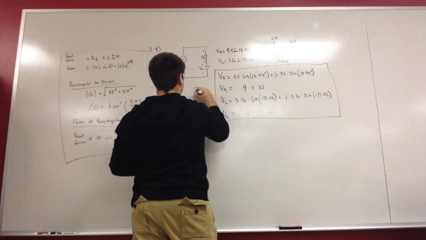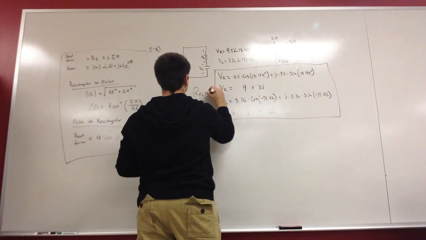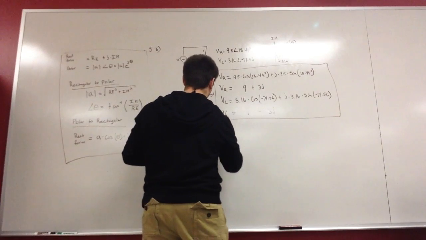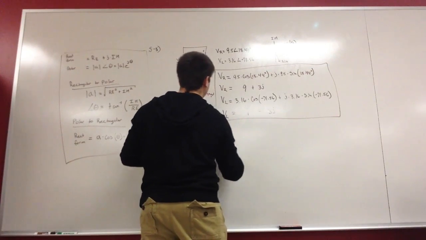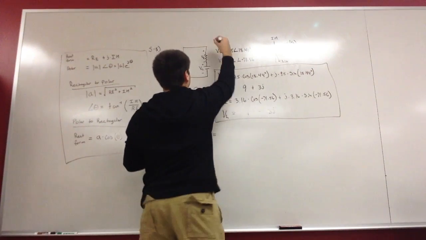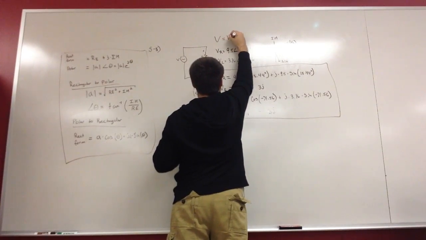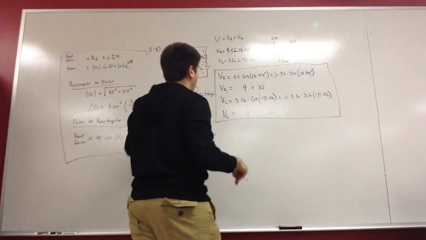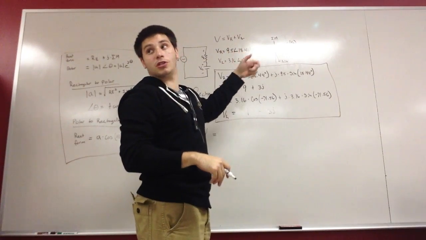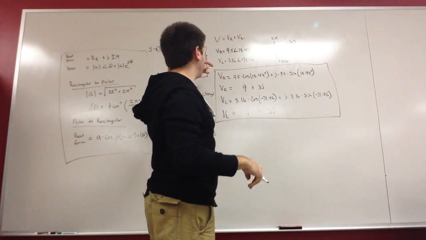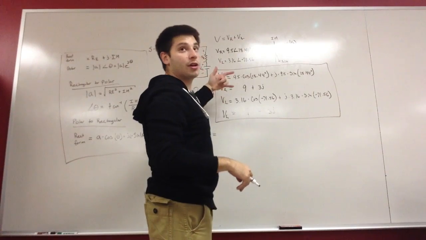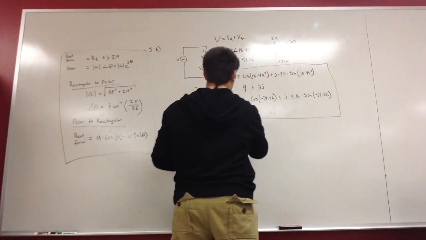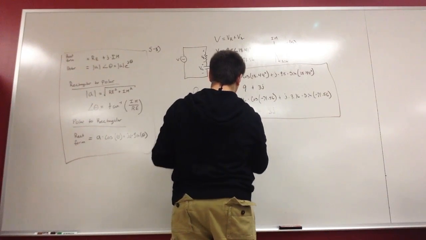So this is part A, the rectangular component. Now, if we're looking for V, which is a combination of V equals V sub R plus V sub L, we're adding the real components of V sub R and V sub L, and that gives us the real component of V. If we add these up, we get 10.